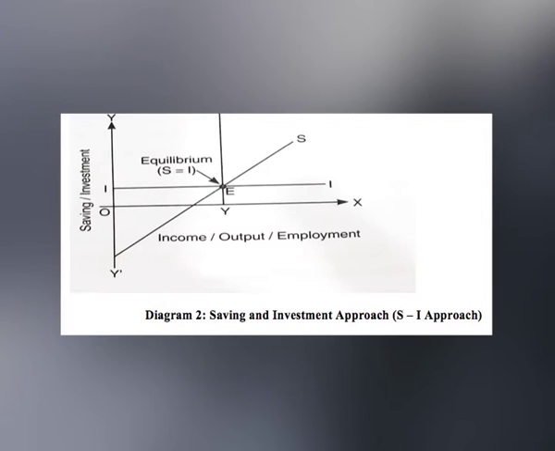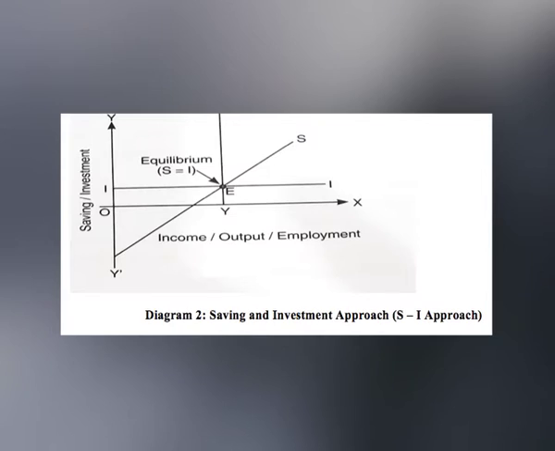If planned saving is less than planned investment, that is, before point E in the diagram, it indicates that households spend more and save less than what the businesses wanted them to. As a consequence, the inventory will fall below the amount desired. Companies will aim to increase output until saving and investment are equal to each other, to get the inventory up to the target level.